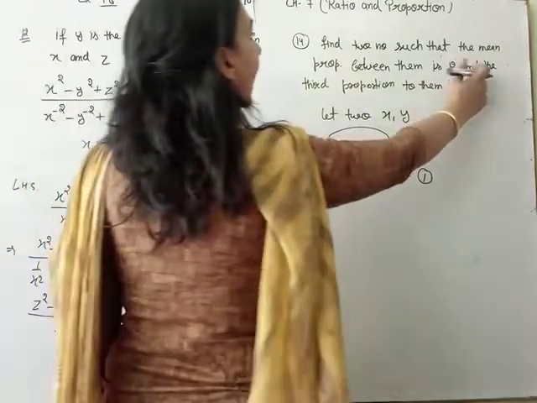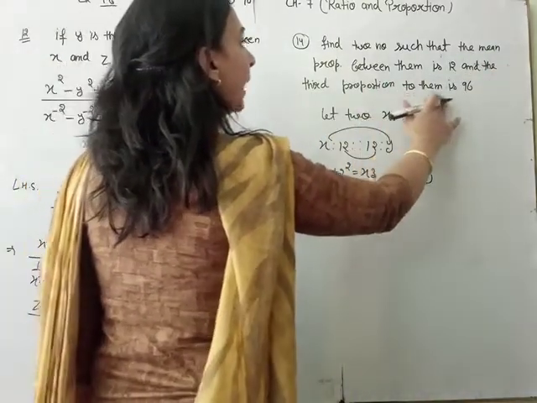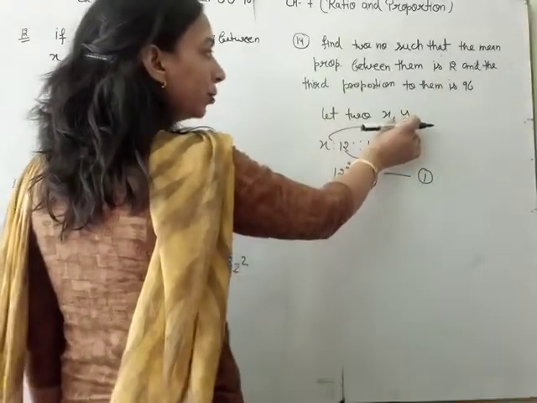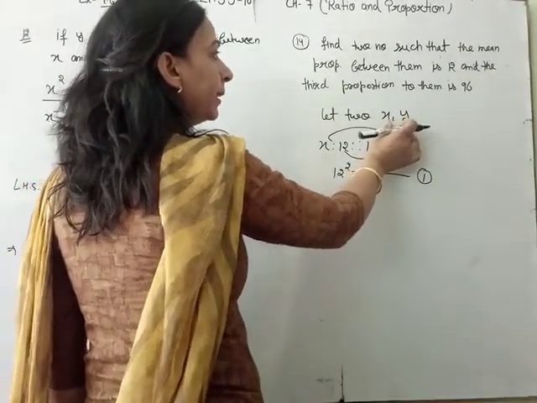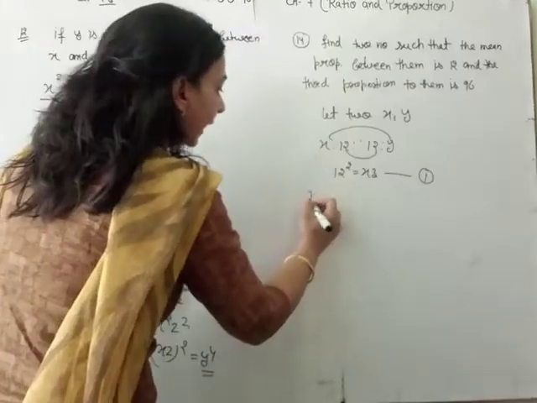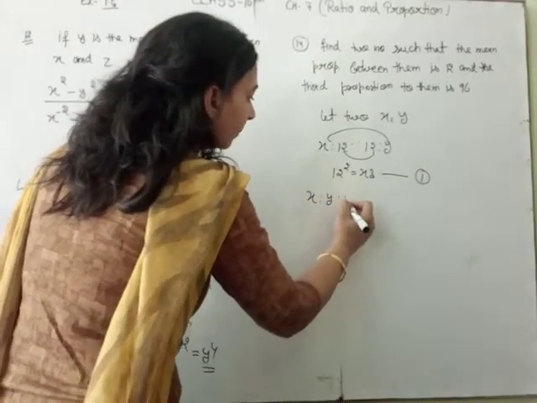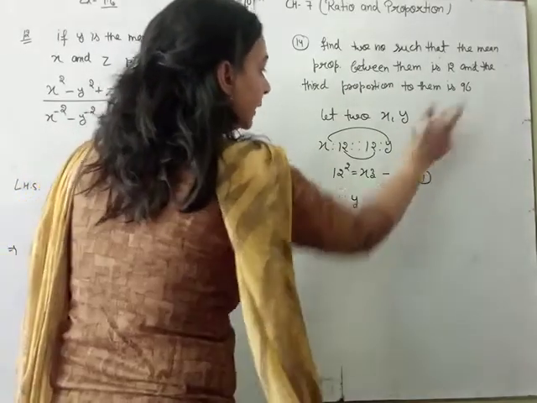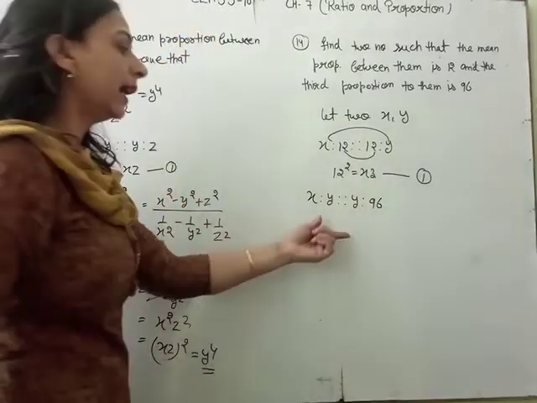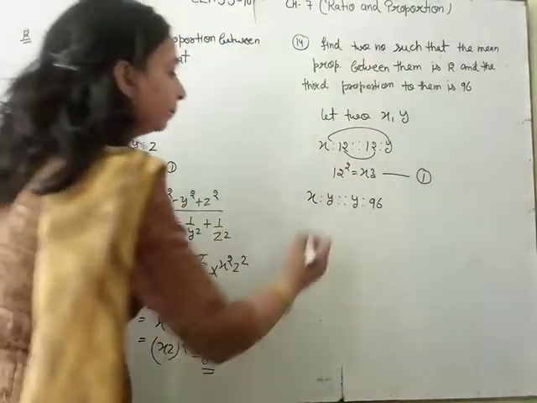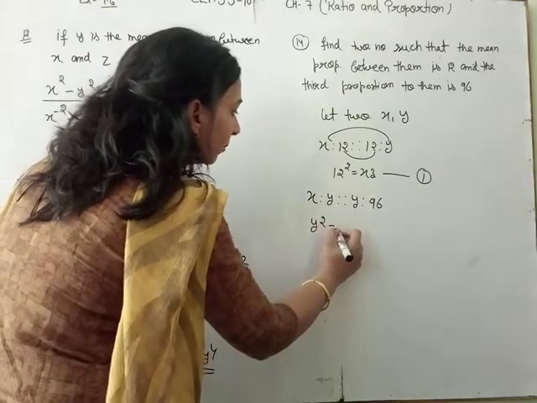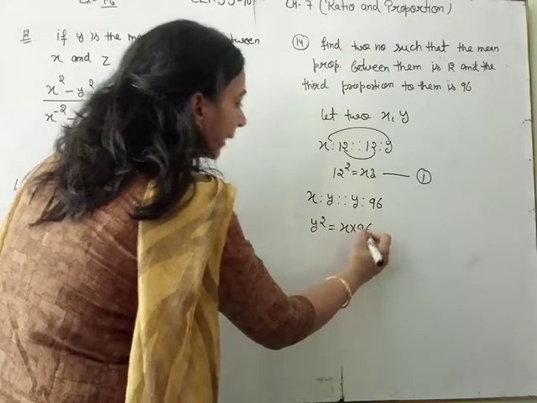Next is and the third proportion to them is 96. If we have two numbers, then third proportion between them is 96. Then x ratio y proportion y ratio, third is given, third is 96. Again these are in continuity. Okay, then y² equal to x multiply 96.